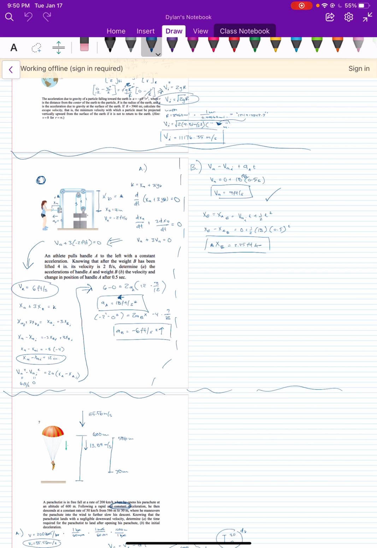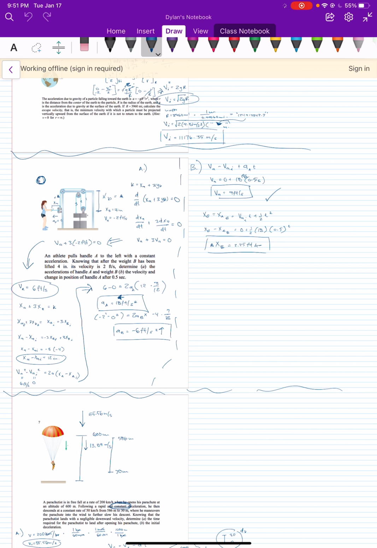basically once I got the equation, k or x equals xa plus 3 yb, I was able to manipulate that to get like terms on the same side, and plugged in my knowns, was able to get 6 feet per second for the velocity at A where the person was pulling.